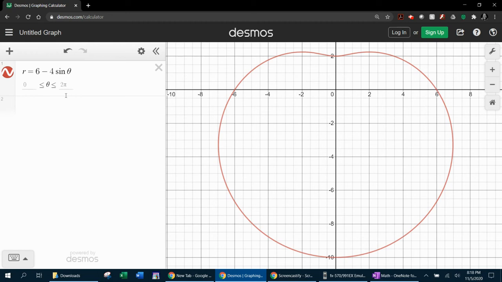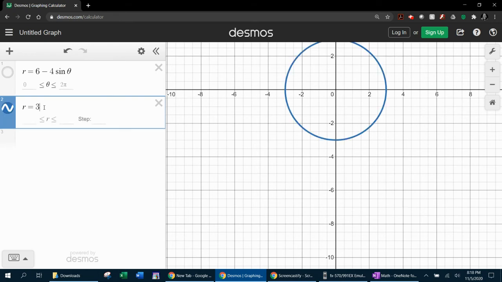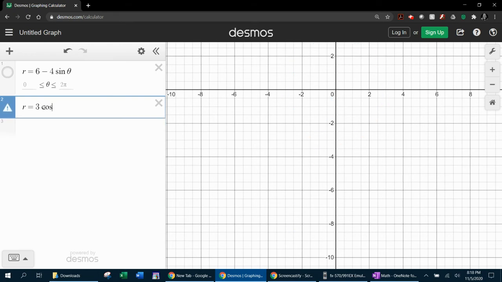Now, what I'd like to do is explore a few more graphs just to give you an idea, okay? So let's type in r equals 3 cosine of 2 theta.